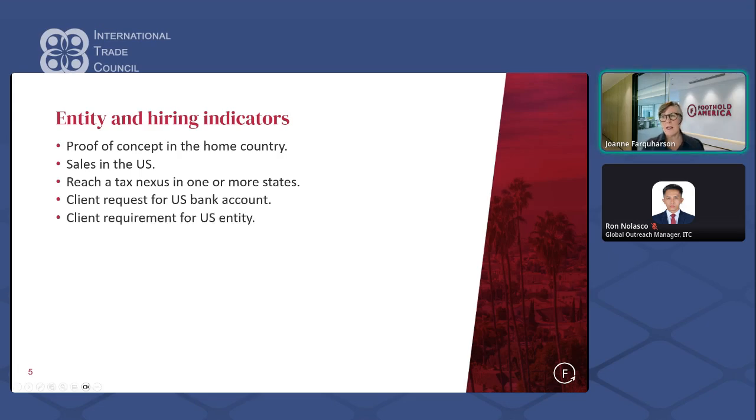And some clients will say you must have a US entity. And typically for businesses outside of the country, this will be an LLC, limited liability company, or a C corporation. And so they want you to have that because they want to have recourse if something goes wrong.